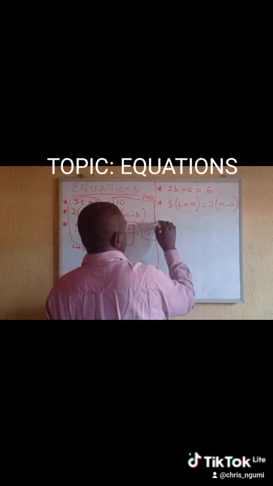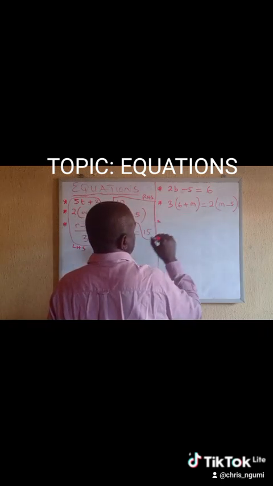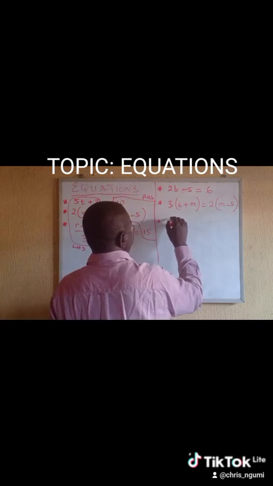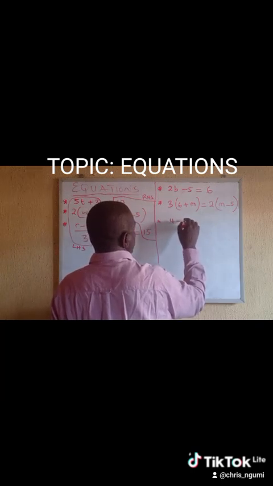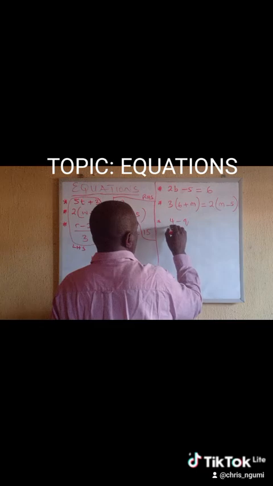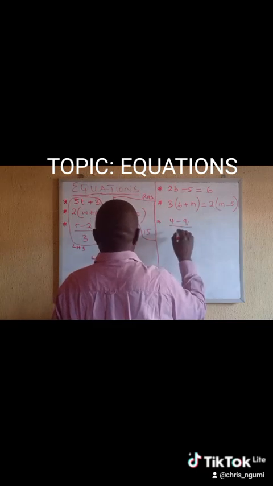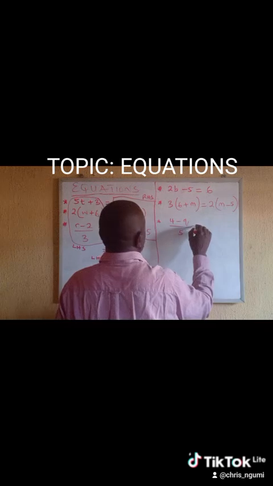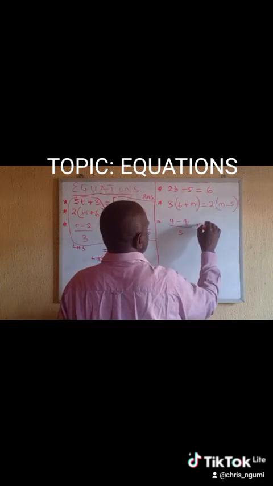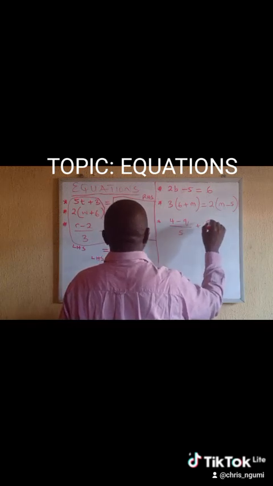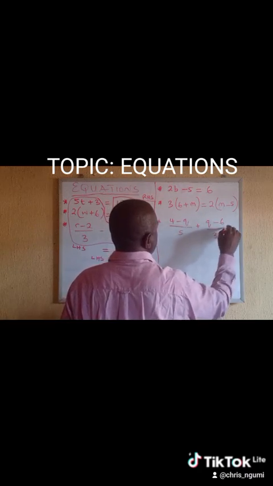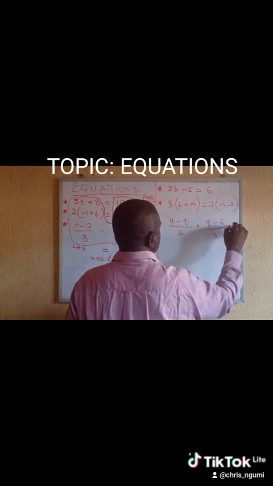Let's look at the last one. Let's say (4 - q)/5 + (q - 6)/3 = 10.